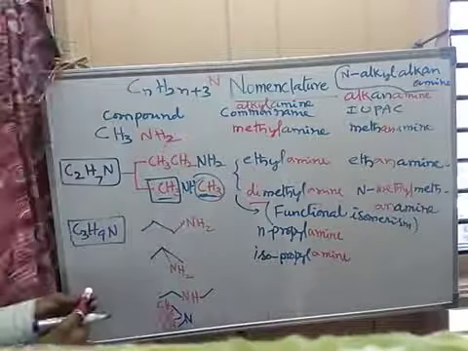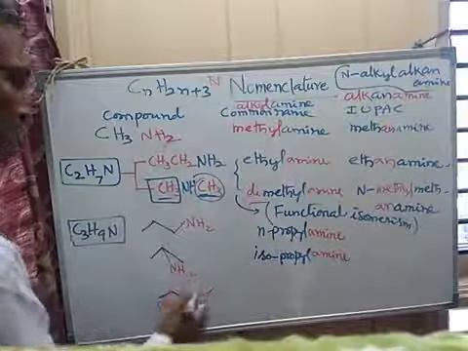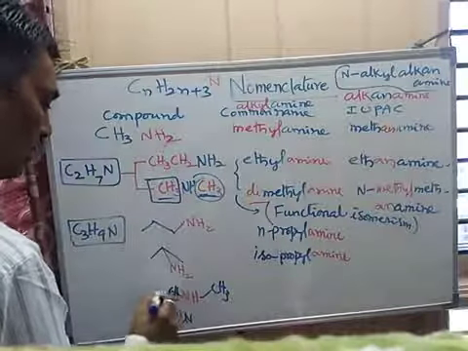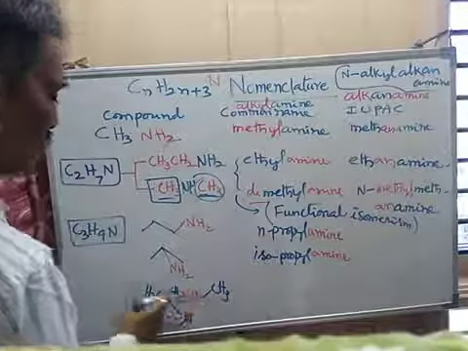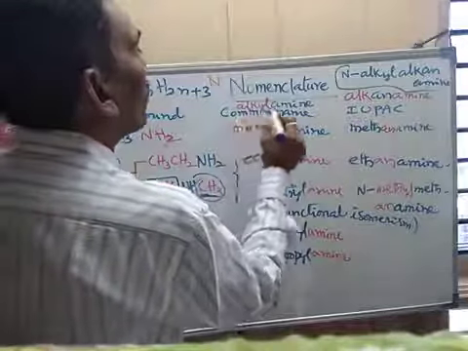And here a small piece of information is available. This is CH3, methyl, and this is CH2CH3, ethyl. And how do you name it? Ethyl, methyl: M, ethyl: E. You have to follow alphabetical order in common nomenclature.